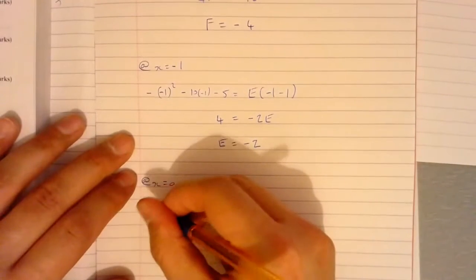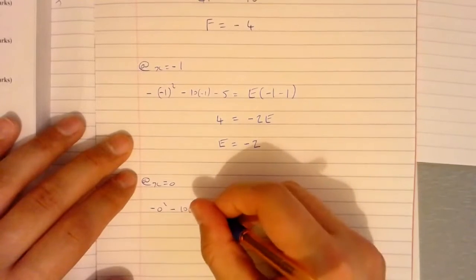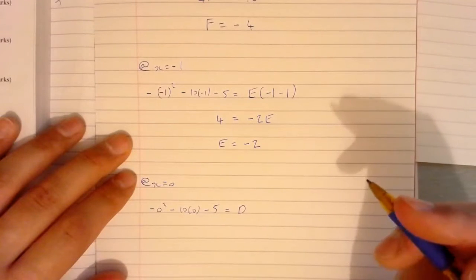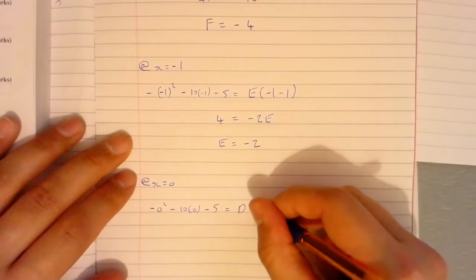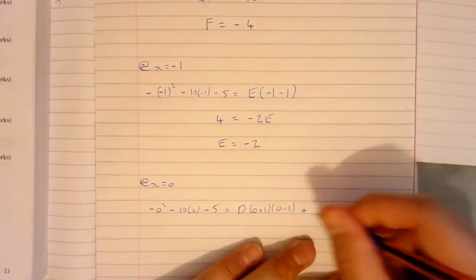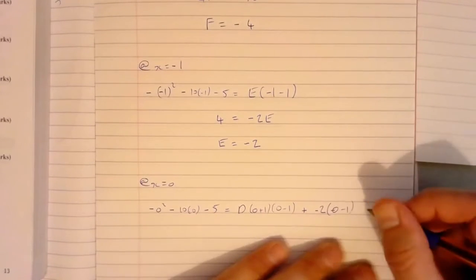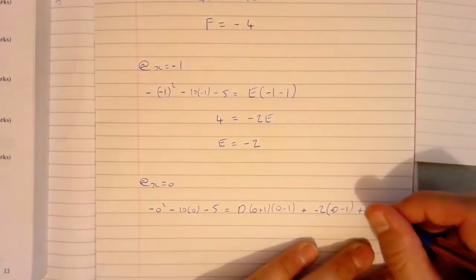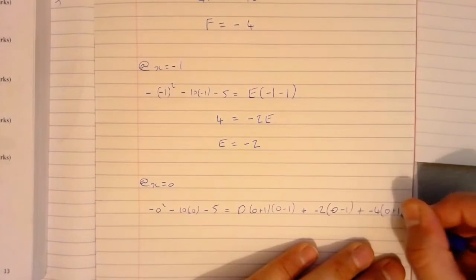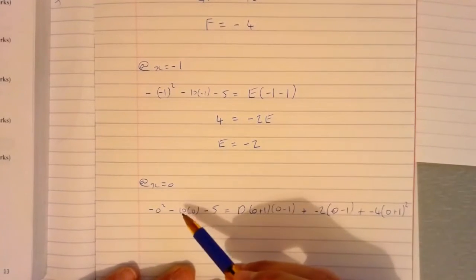So I'm going to have minus 0 squared minus 10 lots of 0, take away 5 is equal to D lots of, okay, so we've got 0 plus 1 and 0 take away 1. Then we've got negative 2 lots of 0 take away 1 plus F. F was negative 4 lots of 0 plus 1 squared. And if we calculate all of that, that's nothing.